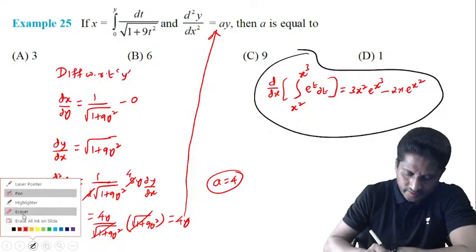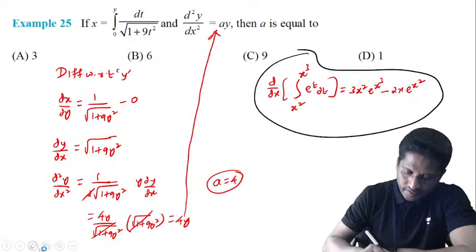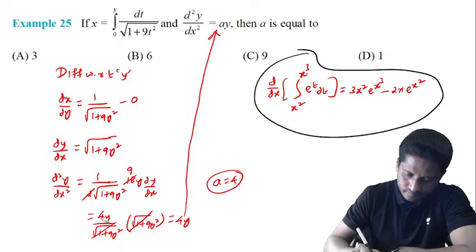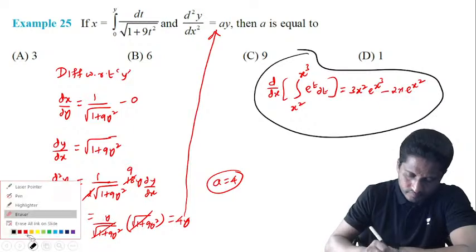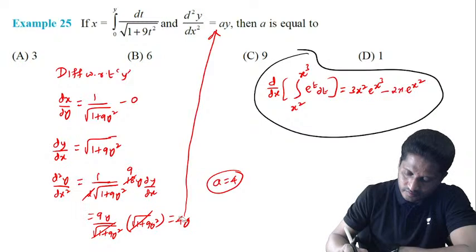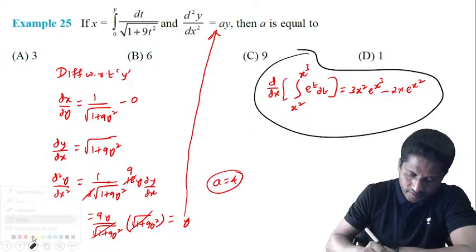Differentiation of 9y square is 18y, right? So this is 18y dy by dx. This will cancel 9 times. This should be equal to 9, and this is also equal to 9.